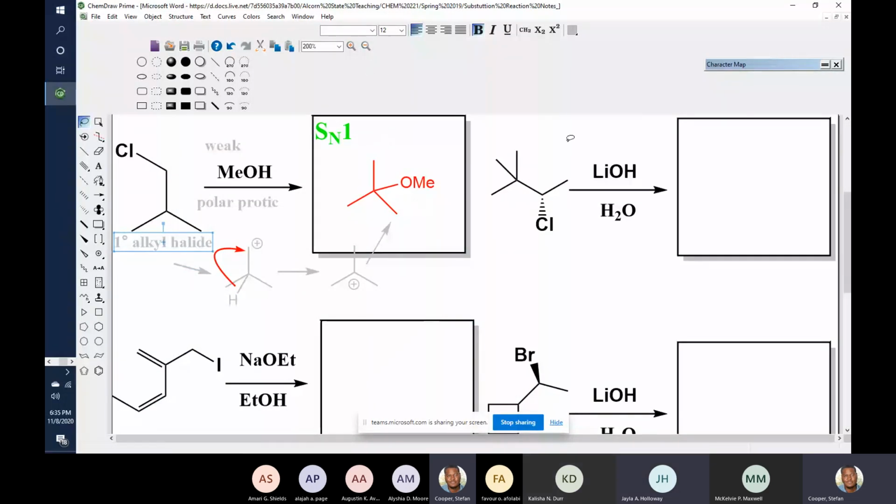Yes. Can you go back and explain the hydride shift? I know you said that there are H's on all of these carbons, but why did you specifically move that one? Okay, good question. You only look at the carbon that is neighboring the carbon cation. Don't go over here and over there. That's too far away.